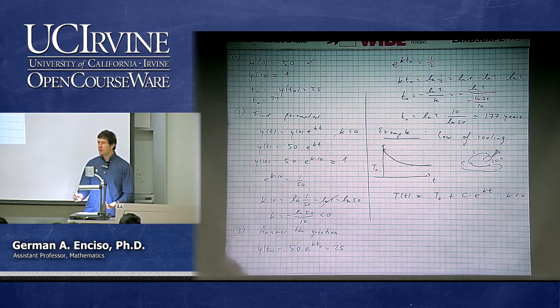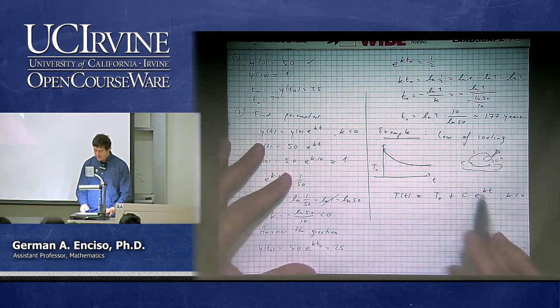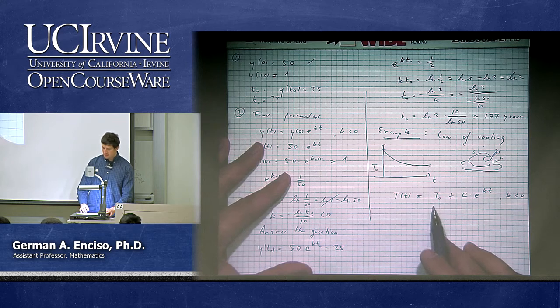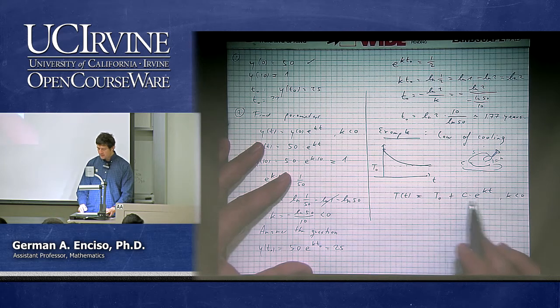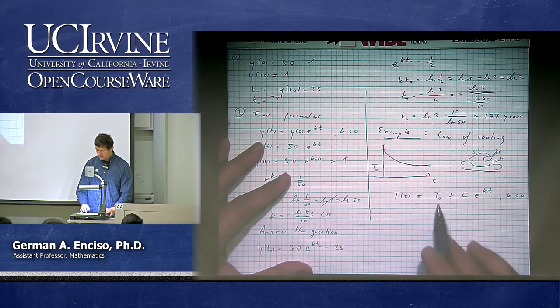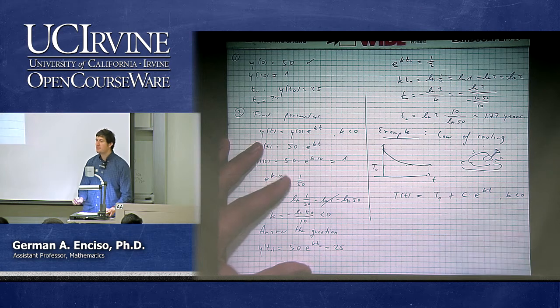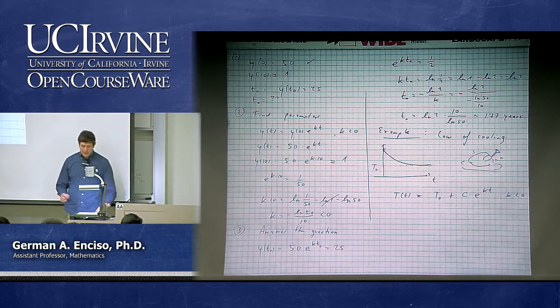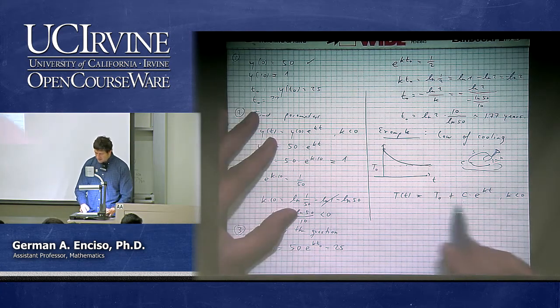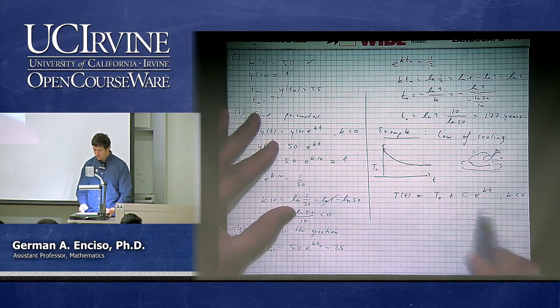So the formula for the law of cooling, if you were given a problem in an exam involving a turkey, is basically the same as before, except that you're adding a constant: T0 plus constant times e to the kt. Notice that there's no T of 0 anymore.